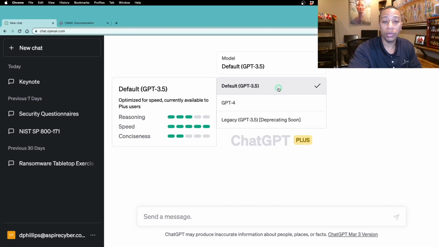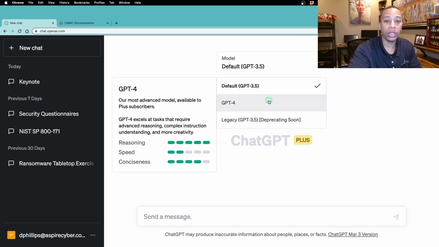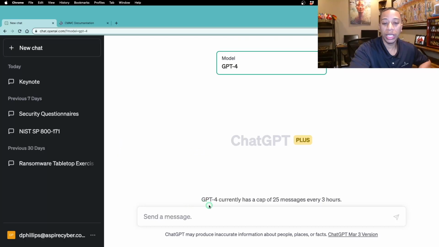But as you go through the versions, ChatGPT 3.5 is the previous version. By default, it is faster, but compared to ChatGPT 4, the reasoning is not as good. It's not as concise, but it is faster. However, for our purposes, ChatGPT 4 is what I'm going to be using. Now, as you can see, it does say GPT-4 currently has a cap of 25 messages every 3 hours.